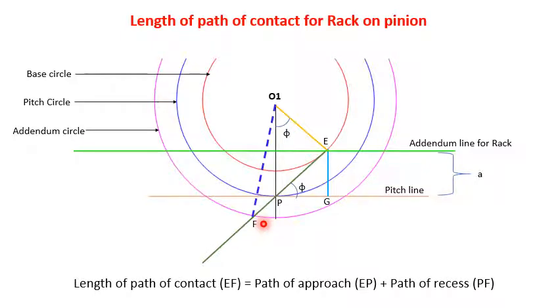So the total length EF is the path of contact, EP is the path of approach and PF is the path of recess. To derive the equation for length of path of contact, we have to find the equations for path of approach and path of recess. Just by adding these two equations, we obtain the length of path of contact.